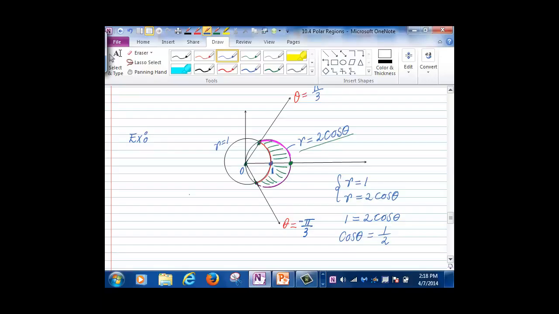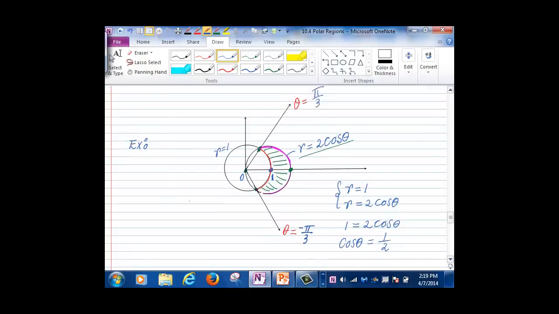So the r value is increasing. When I say radius, I mean the r value, not the radius of the circle. Then as theta goes from 0 to positive pi over 3, r is decreasing, which is happening here.